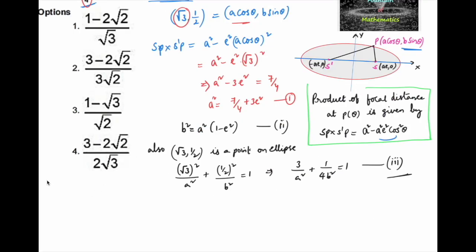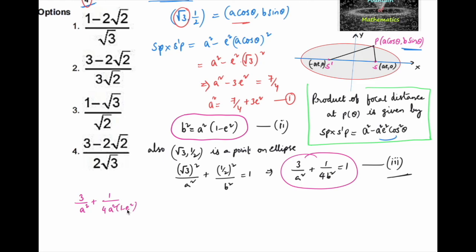Now let's substitute from the second equation, b square is equal to a square times (1 minus e square), in the third equation. So we get 3 upon a square plus 1 upon 4 times a square into (1 minus e square) is equal to 1.